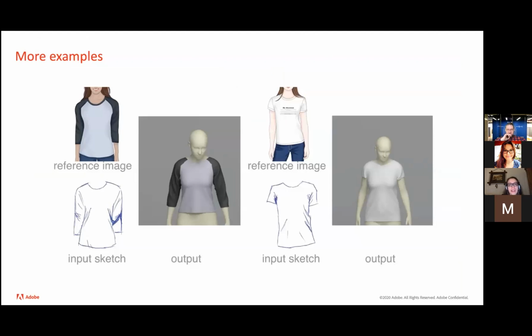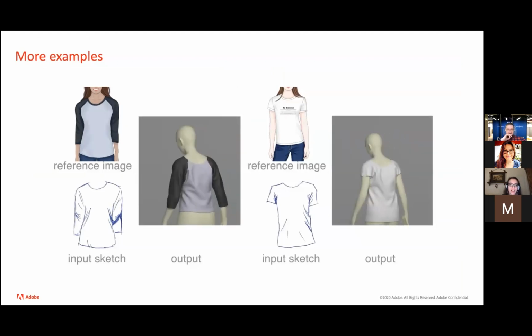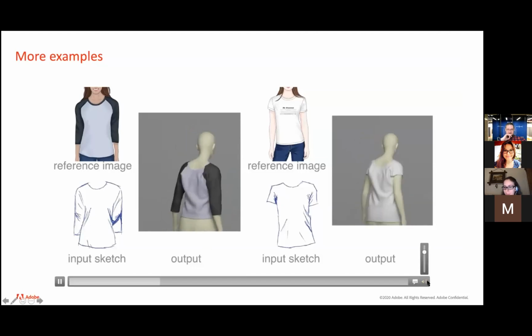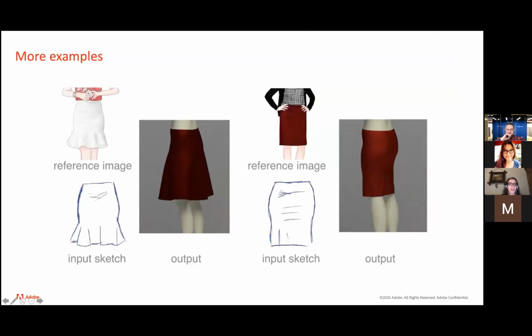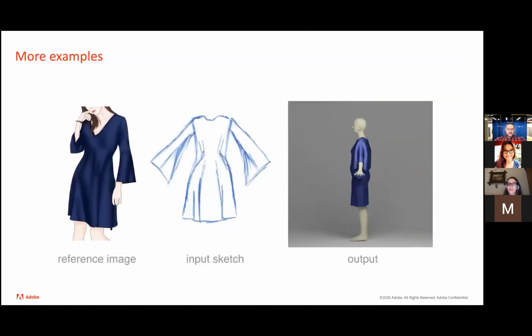And here are some examples where we found some reference images, acquired a sketch from them, and then gave these as input to our network. So here you see the reference image, the sketch, and the draped 3D garments. The colors of the garments were manually chosen by us so that they look more similar to the input, but you can pay attention to the geometric details.